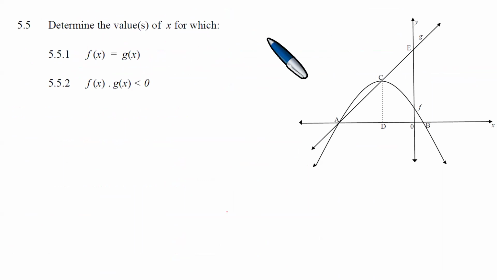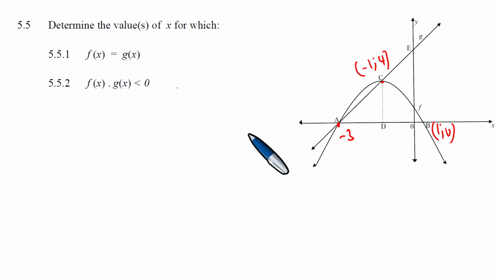We continue. Determine the values of x for which F equals G. We know very well this is -3 here, that B has the coordinates 1 and 0, and that this one has the coordinates -1 and 4.